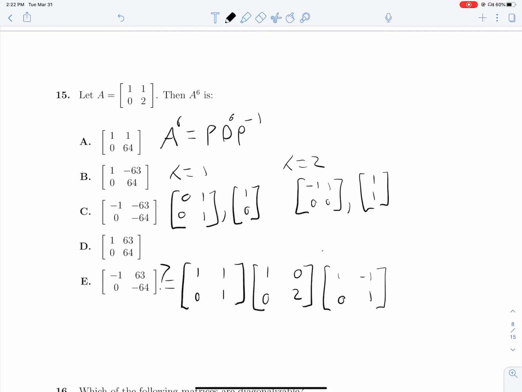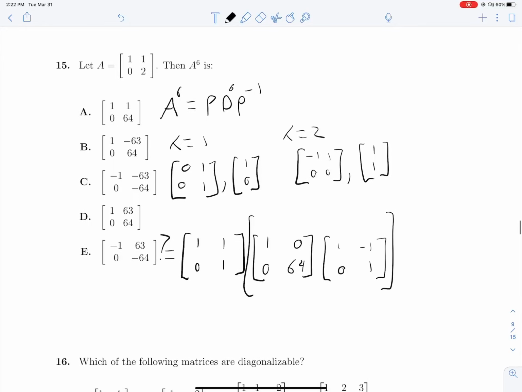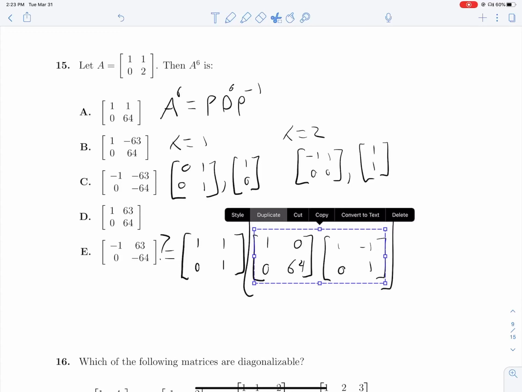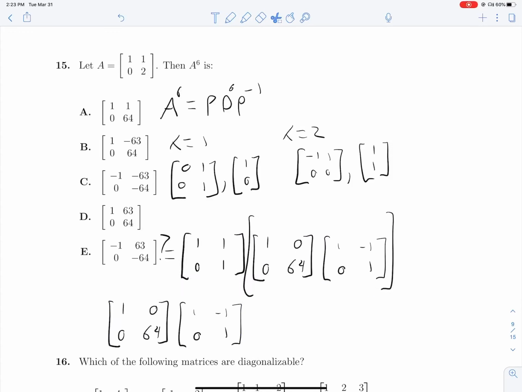But I got to be careful. I keep dropping the 6. We have to take this to the 6th power, and this will be just 64 there. So taking our first operation here, because remember we compute these right to left, I'm going to copy this over.